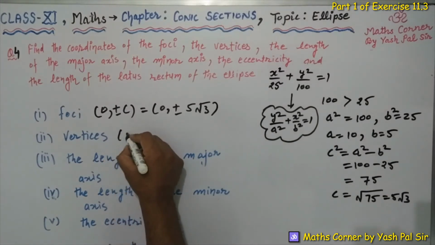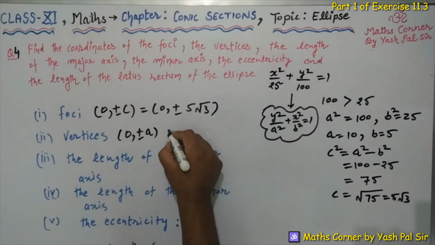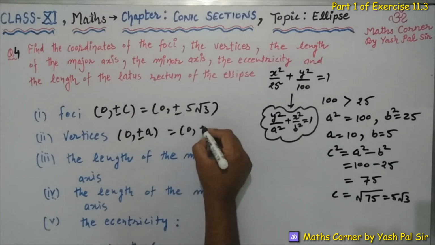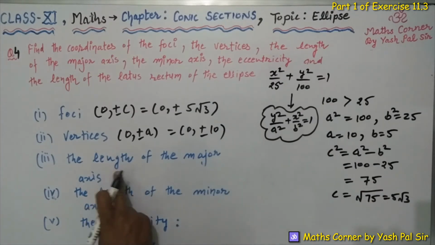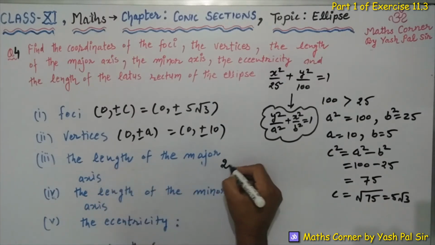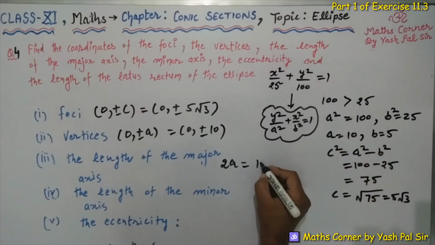What are the vertices? 0 comma plus minus a, that is 0 comma plus minus 10. The length of the major axis 2a, which becomes 2 into 10, 20.